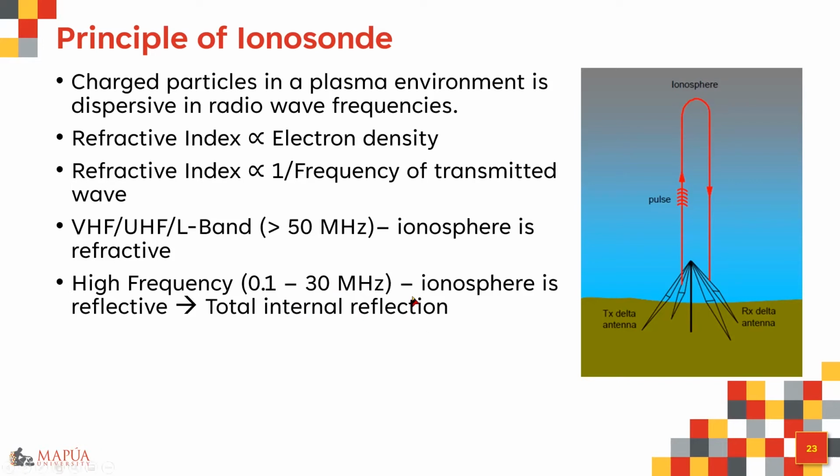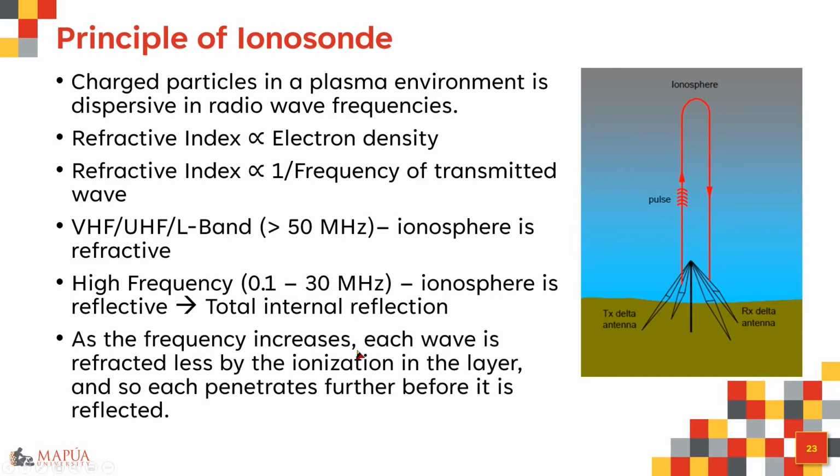As the frequency increases, each wave is refracted less by the ionization, because remember that as you go higher in altitude, the electron density increases, therefore the refractive index increases, but the frequency of transmission will be decreased.